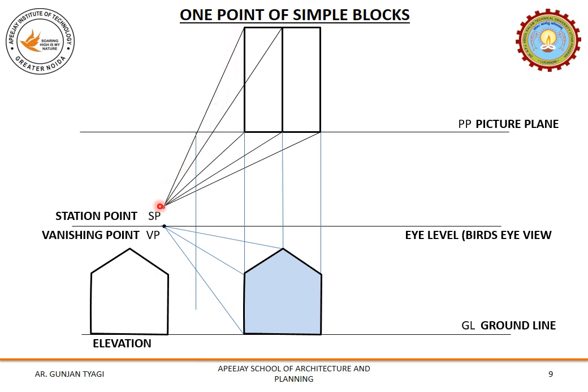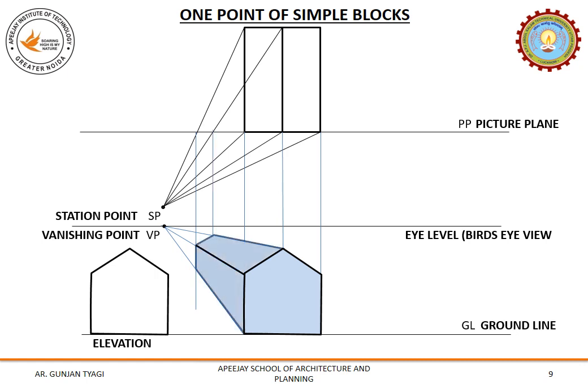So I just joined this line with the station point, the point where it cut with the picture plane. I extended this line downward till the ground line, or maybe where the lines of the vanishing point exist. So here I got the points which are intersecting the vanishing points.